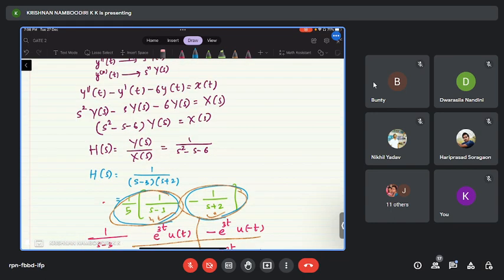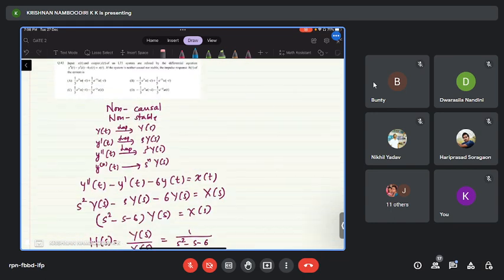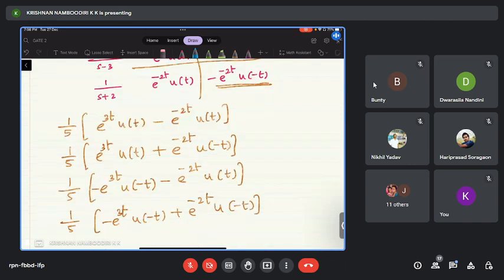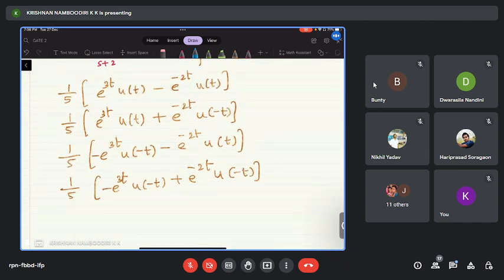Non-stable means the ROC should not contain the j omega axis.